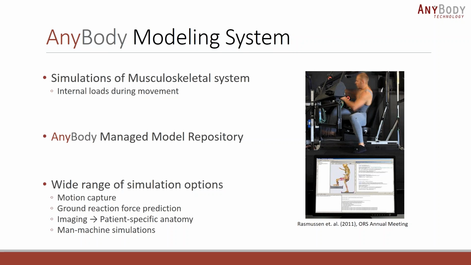This will be the subject of today's talk by Pavel. And finally, you can run these man-machine simulations, which are essentially where you have the human model connected to a model of the environment or some sort of equipment or a machine that the human is working along with, and then you can run simulations of man and machine as a single system.